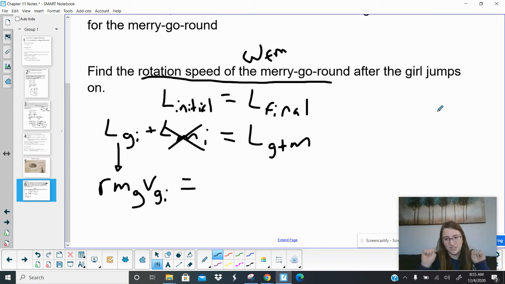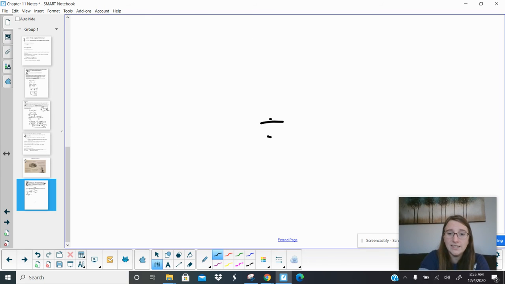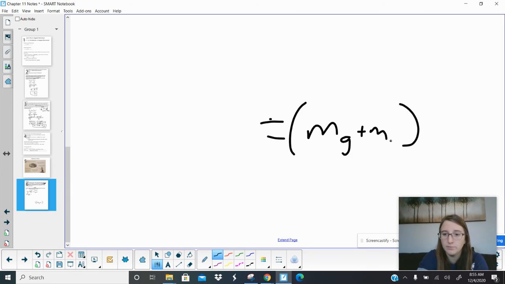They do have different rotational inertias. They are technically one object. So normally, when we had a sticking collision, we added their masses together, right? We had the mass of the girl plus the mass of the merry-go-round times the speed.